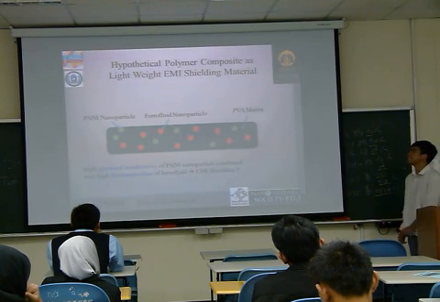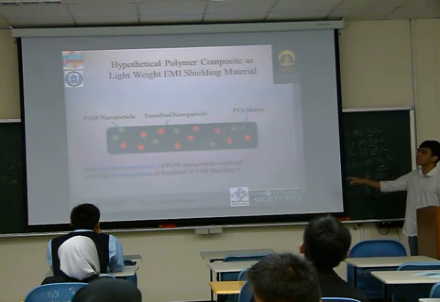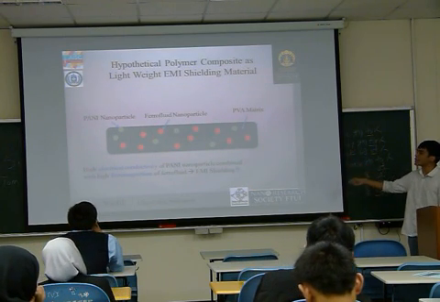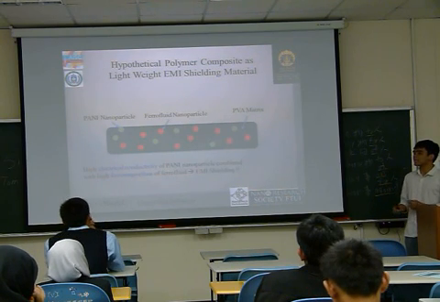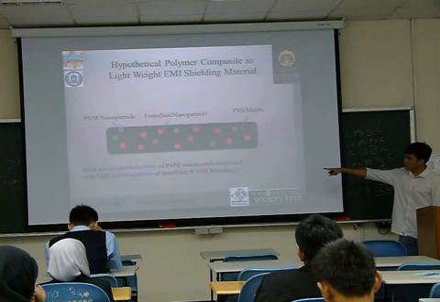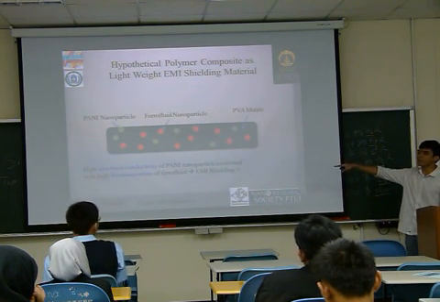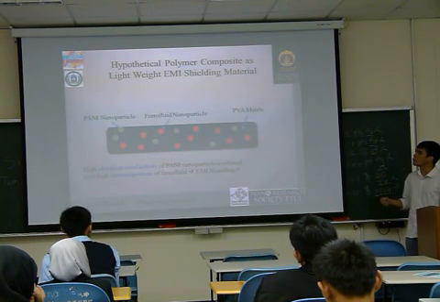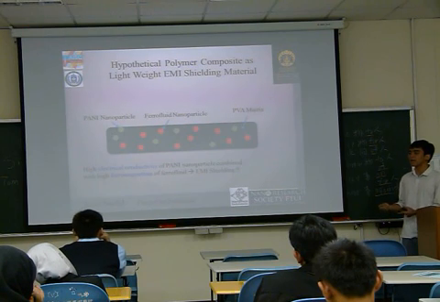So this is our design for a new material, which is a composite of polymer and ferrofluid. As I stated before, the material for electromagnetic interference shielding should have high electrical conductivity and high ferromagnetism. So we decided to use polymer because a polymer is lightweight.